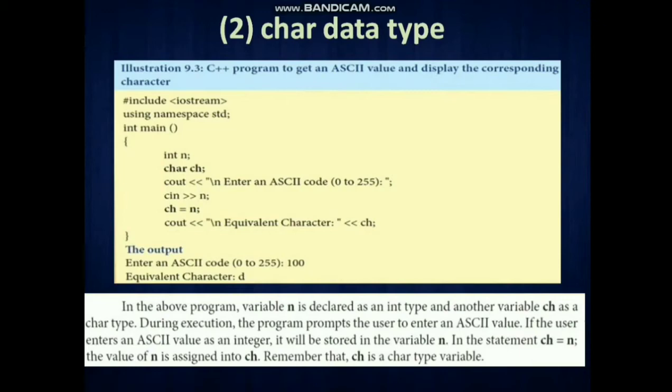So the character with ASCII value 100 is d. The system will automatically display the character for ASCII value 100 on your screen. Okay, so this is the way to display the corresponding character for an ASCII value. This is one of the best examples for the character data type.